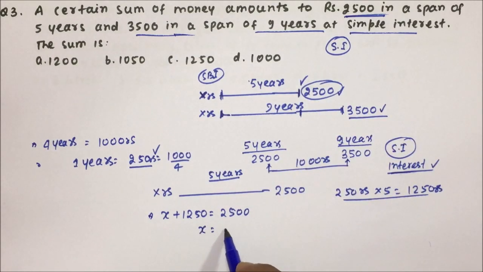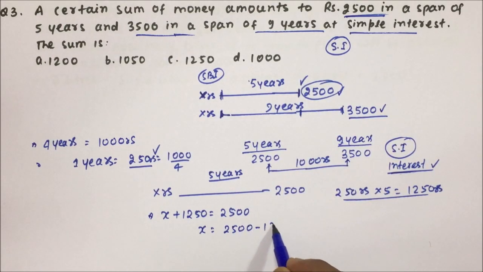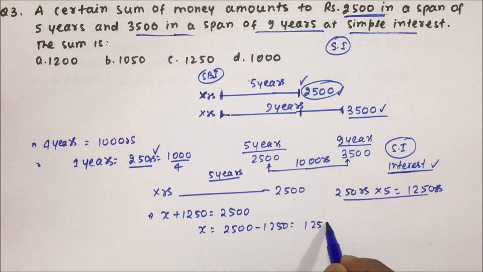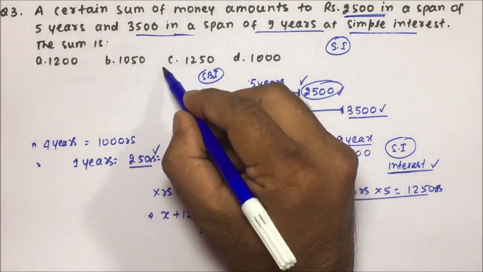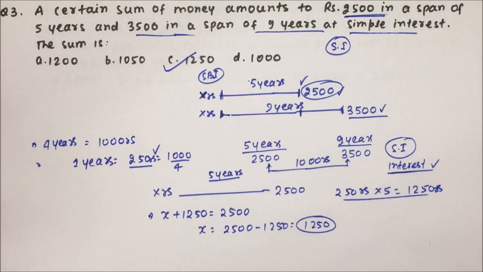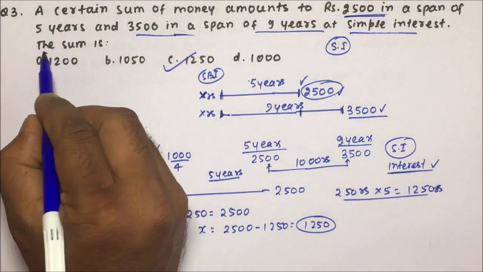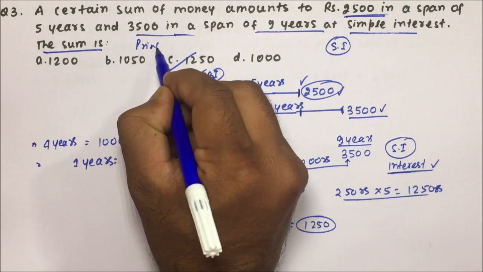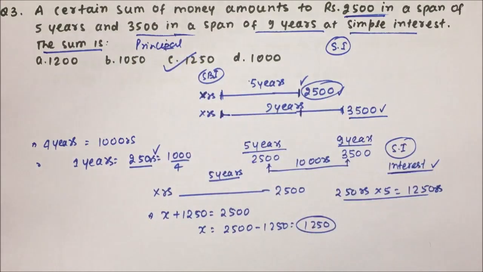So X will be equal to 2500 minus 1250, which is 1250. That means the money the person invested in State Bank of India was 1250 rupees. We have calculated the principal here: the principal is 1250 rupees.